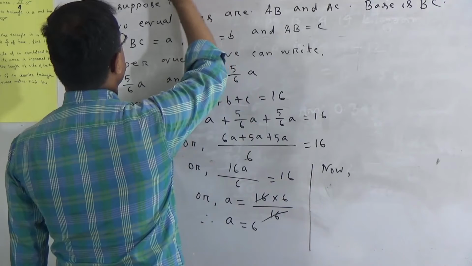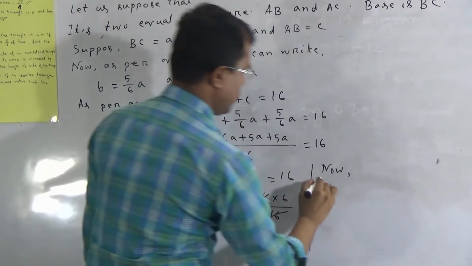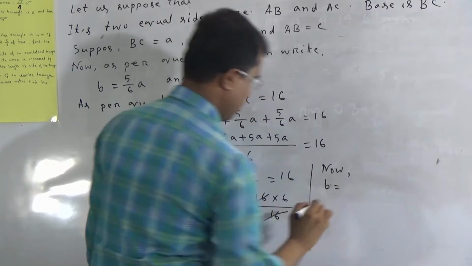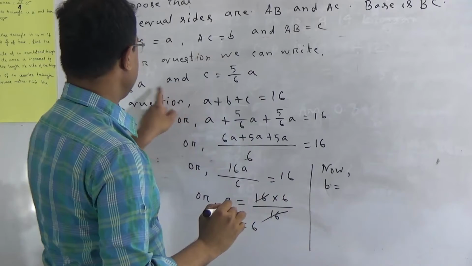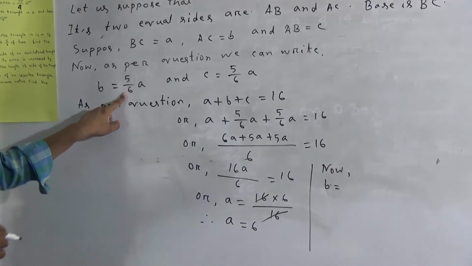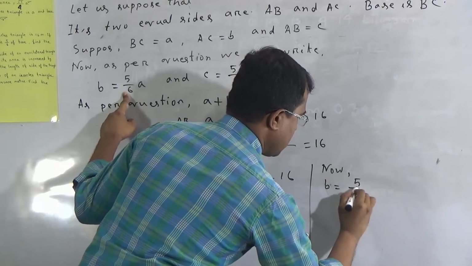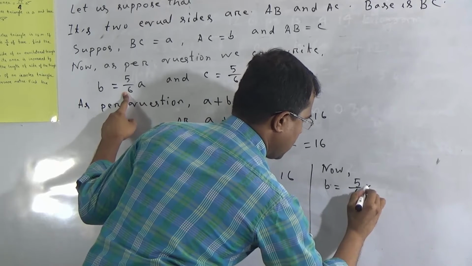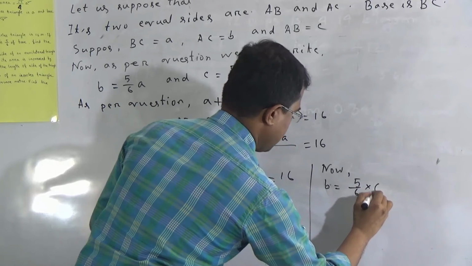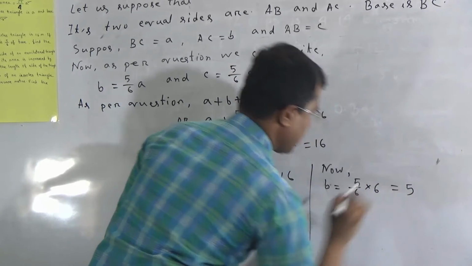Now dear students, B equal to 5 by 6 of A. Value of A is 6, that means 5.